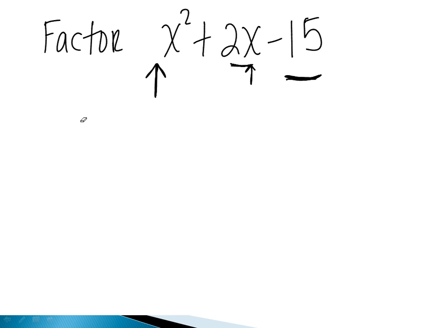Again, find factors of negative 15 that when you add them together will give you the middle term 2x.